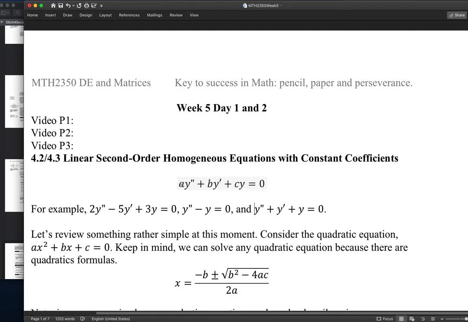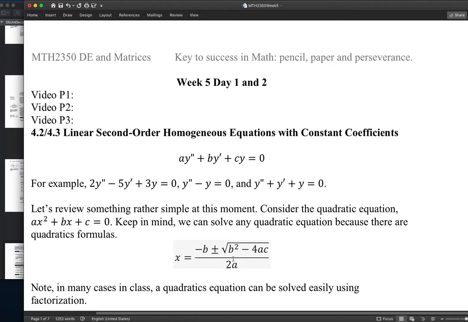Before we solve this type of differential equation or provide solutions, it is very helpful if we review something very simple. Indeed, I'm talking about a quadratic equation. And keep in mind, a quadratic equation can always be solved using the quadratic formula.